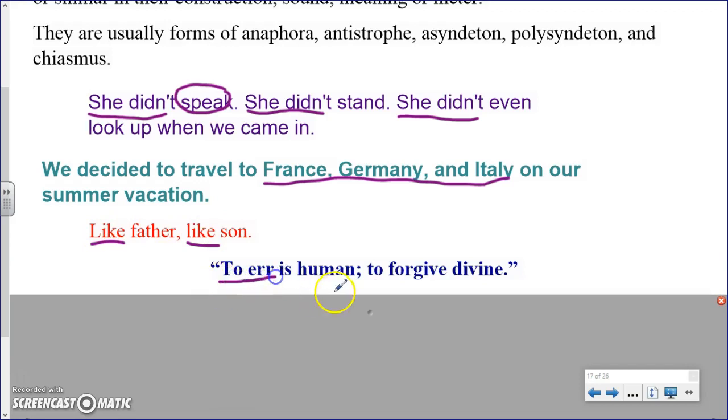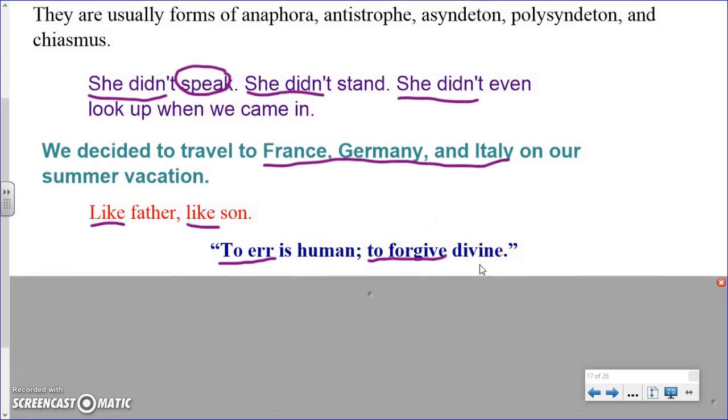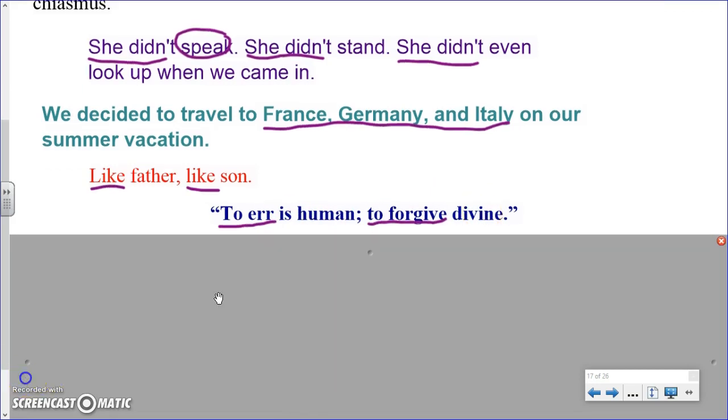The idea here is that we have a verb infinitive that fits with the idea of "is human" and "divine." So even though the divine is missing an "is," the idea here is that they still are the same in structure because the phrases start the same.